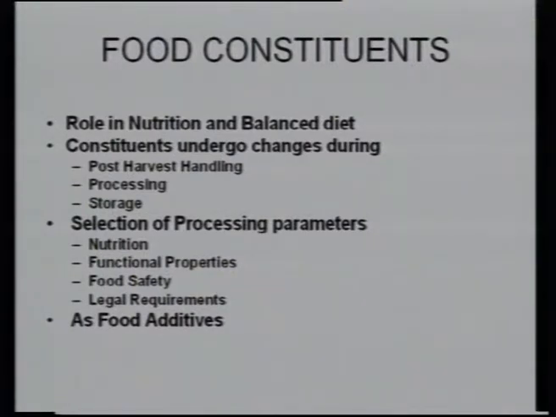If you are going to launch a new product as an entrepreneur, you must know the legal requirements, whether you have to add more sugar or more juice into this product. So the knowledge of food constituents helps us in deciding these factors.